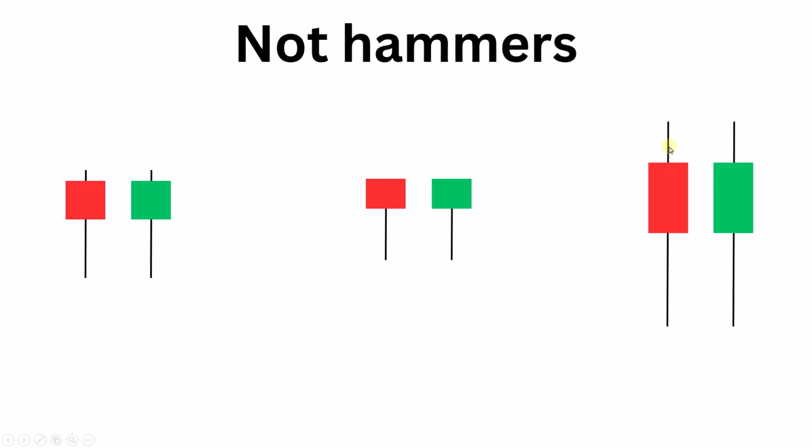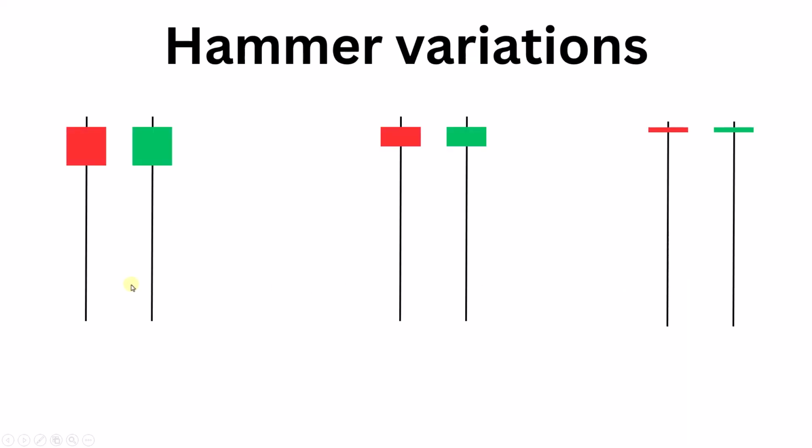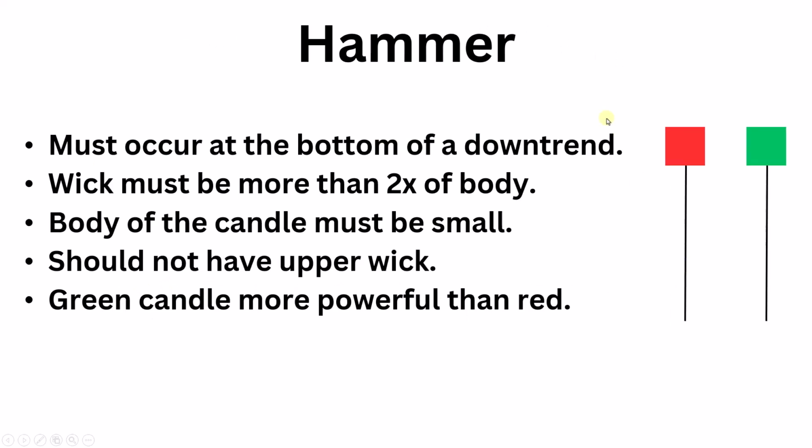We have a very substantial upper wick here also, along with a big body. The body is big, and so we do not consider this as hammer. All right? Now, when a hammer like this or these appear, they denote that the trend will change. Okay, trend will change. Let us talk about that now.